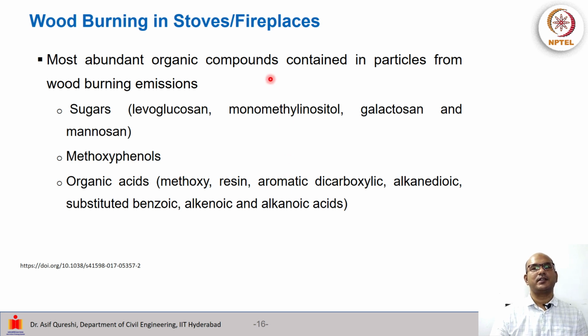It has been found that the most abundant organic compounds contained in particles from wood burning emissions are sugars such as levoglucosan, mannosan and galactosan, and monomethyl inositol, then methoxyphenols, then organic acids, which could be methoxy, resin, aromatic dicarboxylic, alkanoic, substituted benzoic, and alkenoic acids.